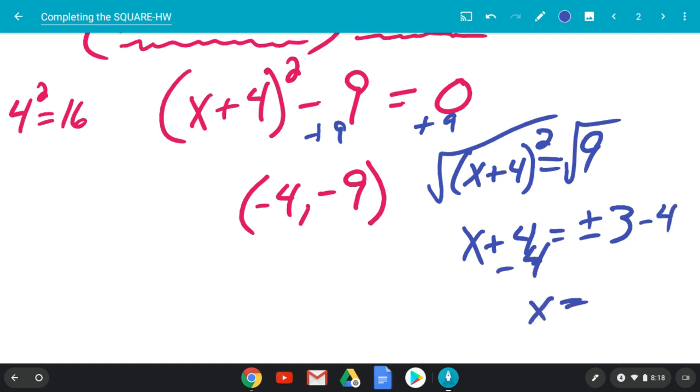X equals a positive 3 minus 4 is a negative 1. Negative 3 minus 4 is negative 7. By show of hands, how many people got that? Those of you who didn't. Questions? Let's look at the next one.